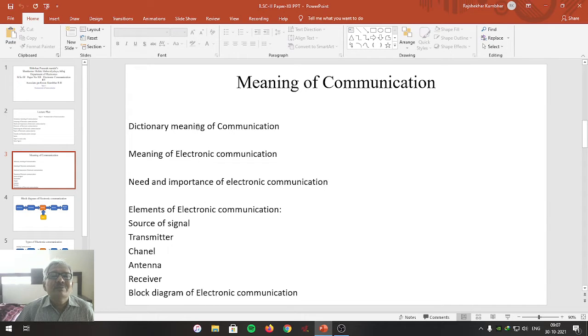We have converted this dictionary meaning of communication into an understanding of electronic communication. And then we defined electronic communication as a process, a method by means of which one can transmit, process and receive the signal by using electronic media.